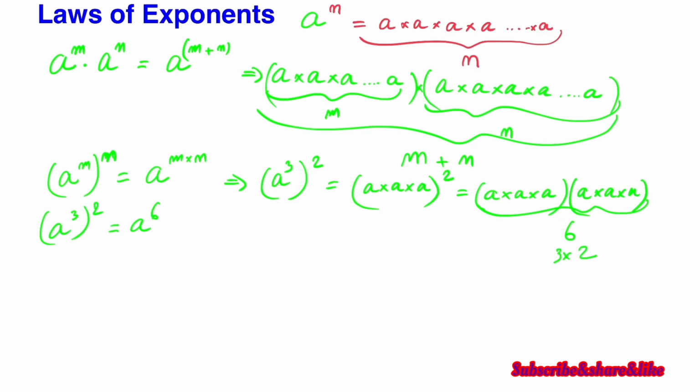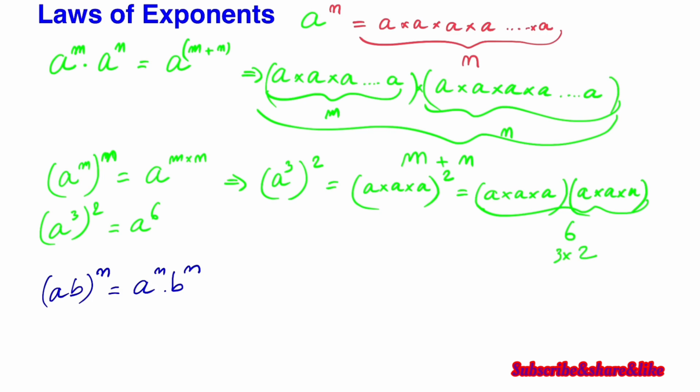Here's another identity. If we have ab to the power n, it is just a to the power n times b to the power n.